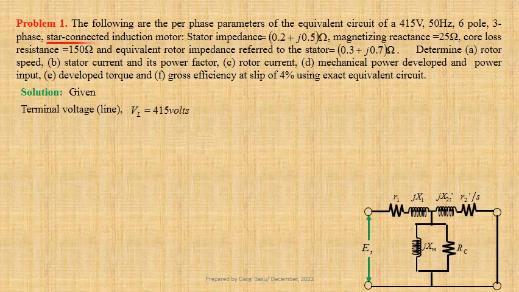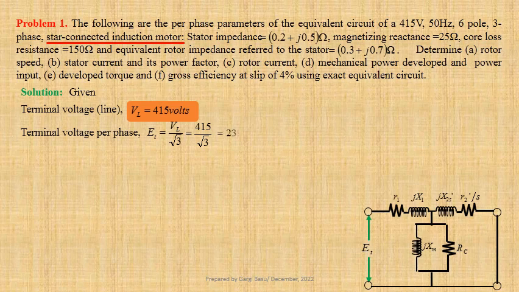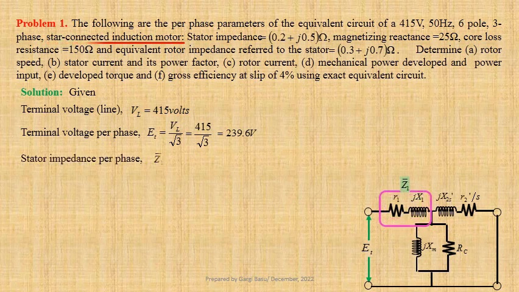Given line-to-line terminal voltage VL equals 415 volts. For a star-connected induction motor, terminal voltage per phase ET equals VL by root 3, that is 415 divided by root 3, which gives us 239.6 volt. Given stator impedance per phase Z1 equals R1 plus jX1 equals 0.2 plus j0.5 ohm.